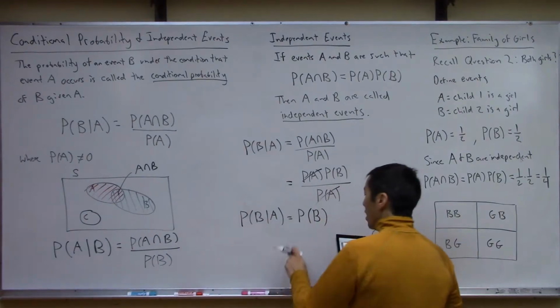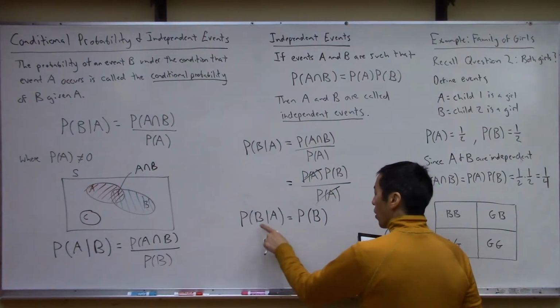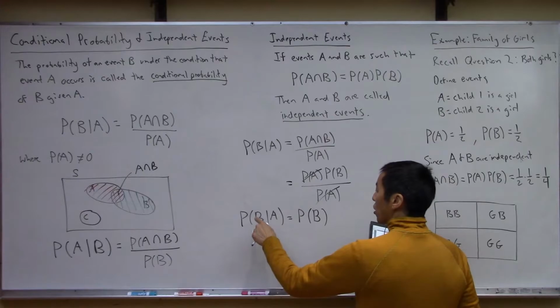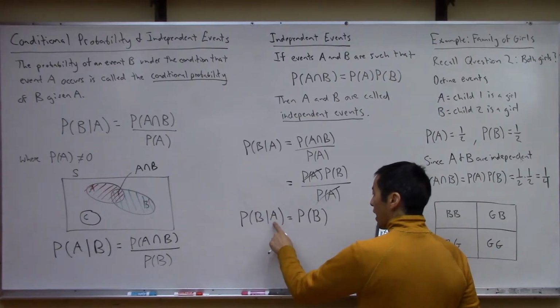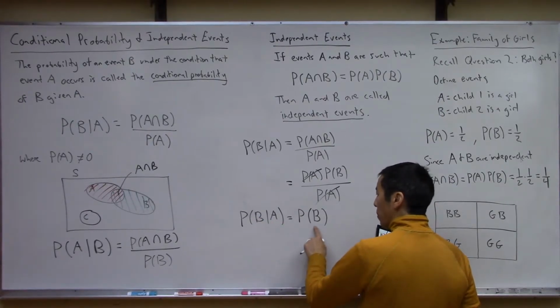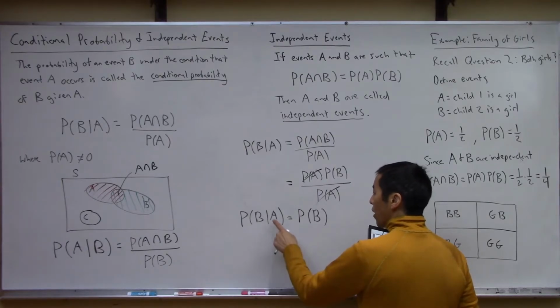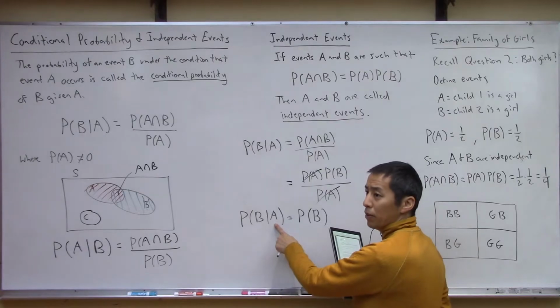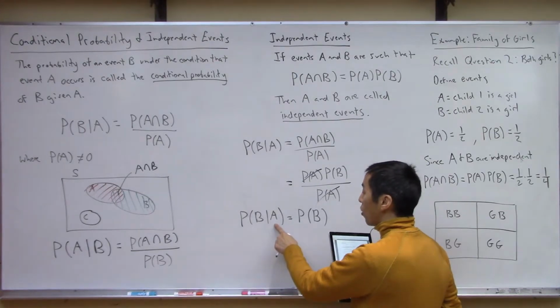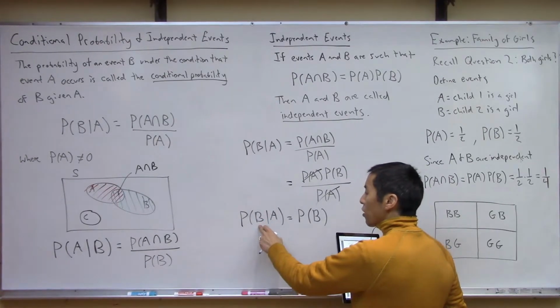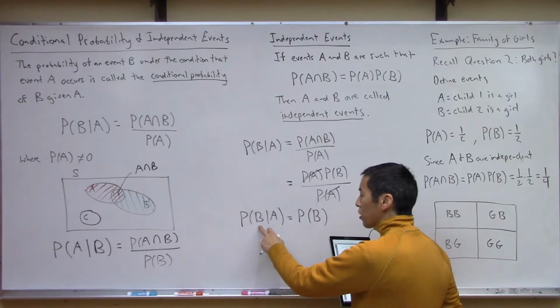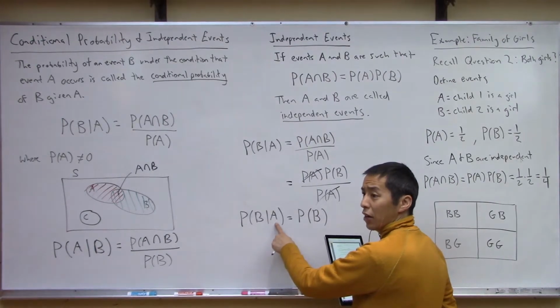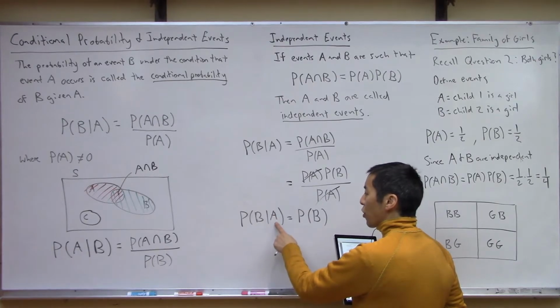Okay? So in other words, if you think about this long enough, what this is saying is that the probability of B, given that A has occurred, is still just the probability of B. So the fact that event A occurred told you nothing about the probability. It did not influence the situation at all. So B is going to happen completely regardless or independently of A. A tells you nothing about this scenario.